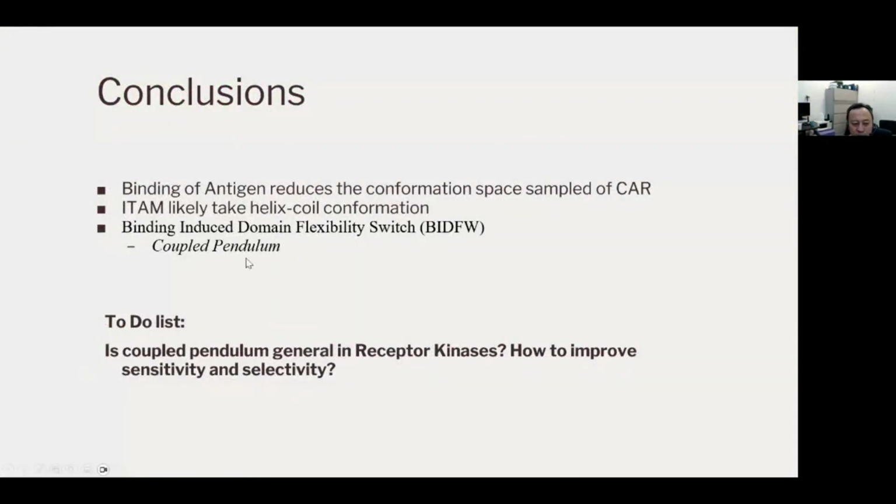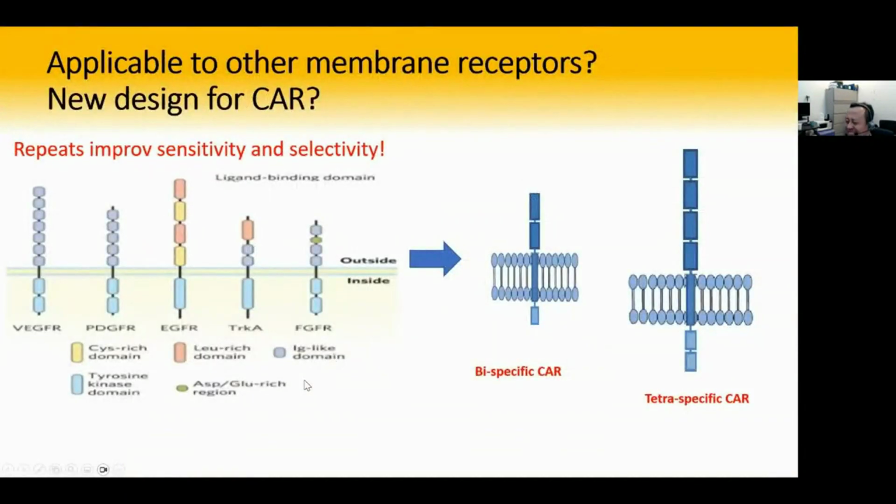Okay, so with this model, how do we improve the sensitivity and selectivity? Here's the strategy. We use that model and look at nature. Nature uses a lot of antibody domain repeats and kinase domain repeats. Now we hypothesize that nature improves the sensitivity and selectivity this way.